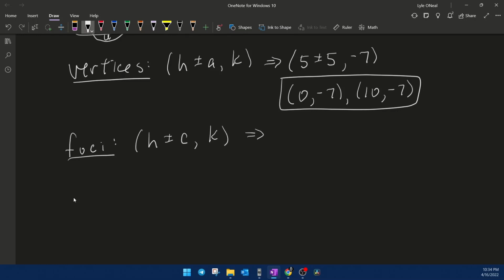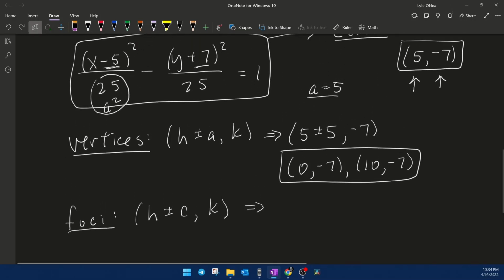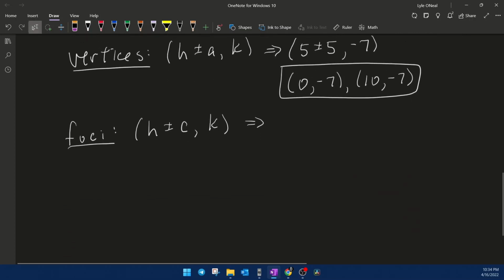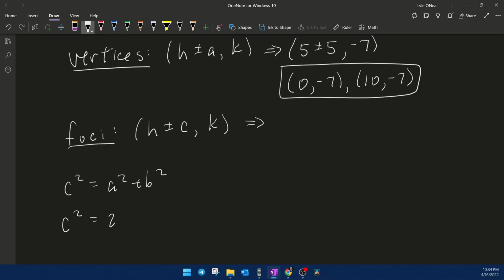I don't know the value of c yet, but I do know the value of b squared and a squared, so I can get c using our Pythagorean identity. c squared equals a squared plus b squared, which would be 25 plus 25, which is 50, and then taking the square root of both sides would give us a c value of 5 square root of 2.